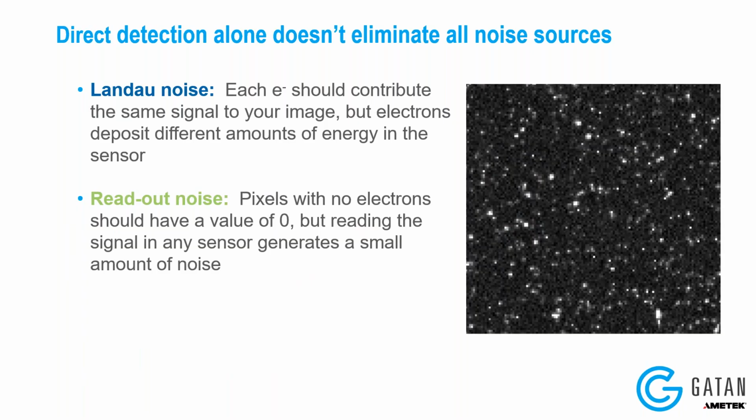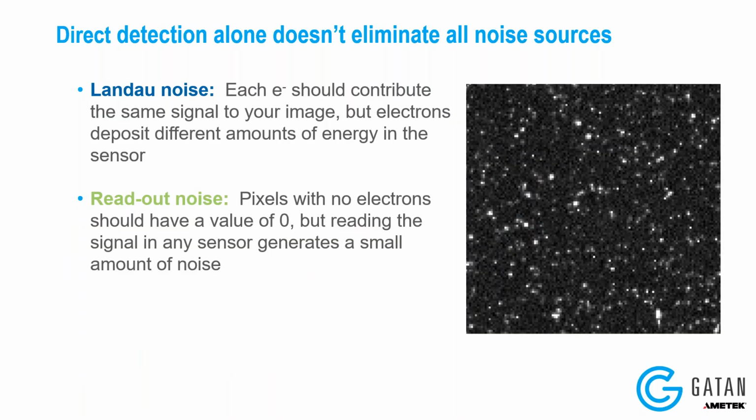And there's a statistical distribution that characterizes this Landau noise, and it has a very long tail. And so the ultimate effect of this is that for very low intensities, low dose rates, you get a lot of uncertainty in the amount of electrons that have contributed to any given signal.